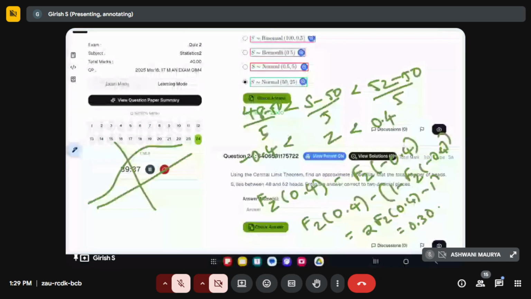Will it be the same because the area is same? How can you say it is 2 times less than Fz of 0.4? Because what we want is this area, only this area.